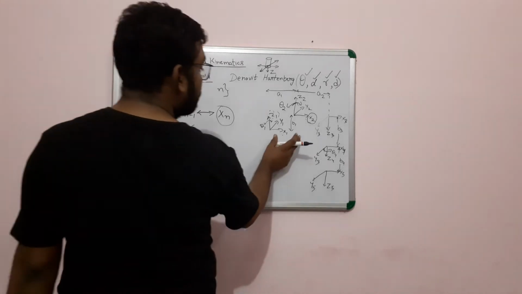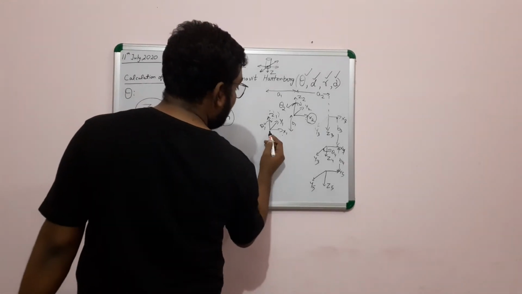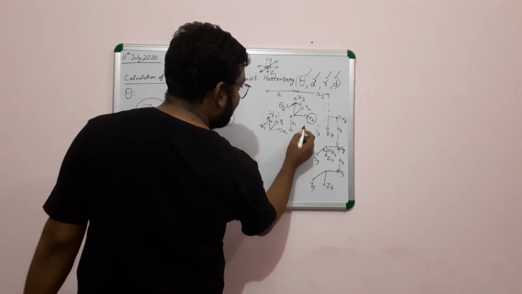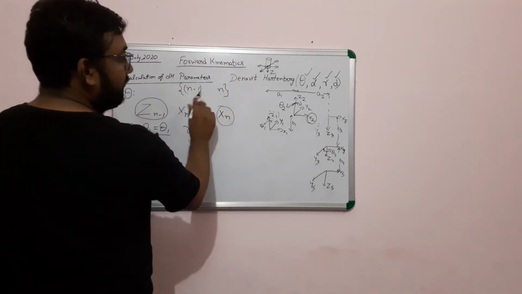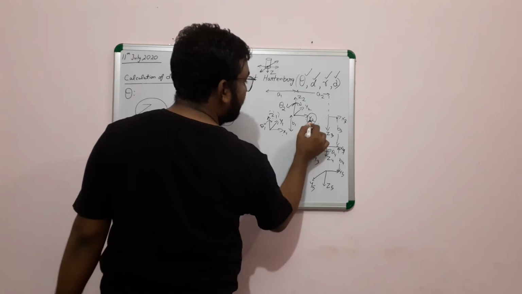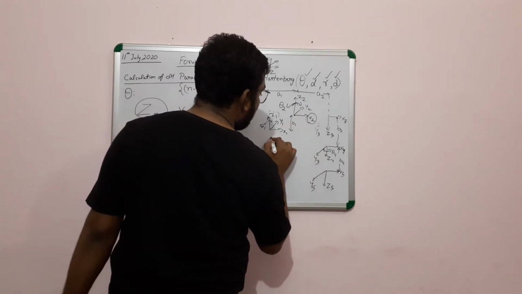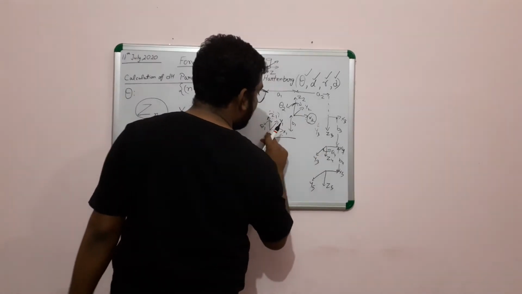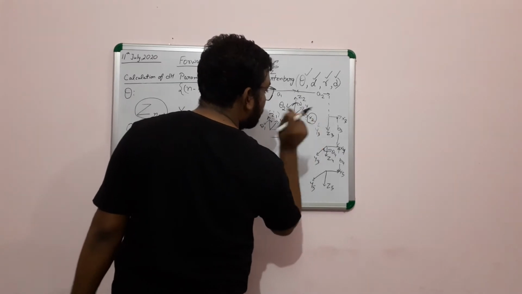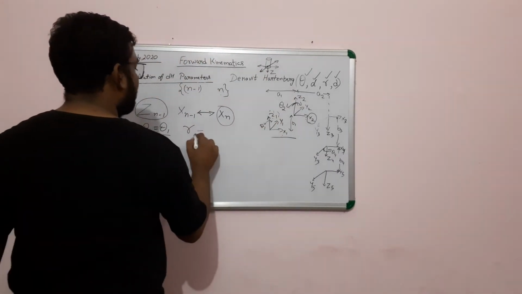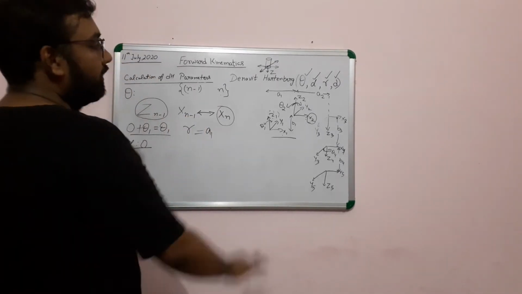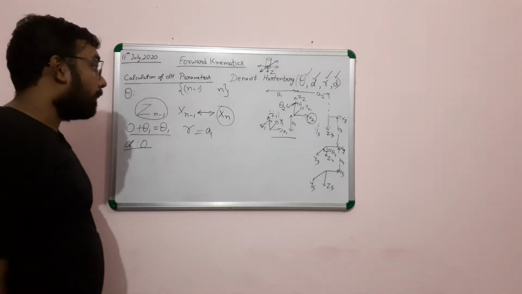For the first two frames, in x1 and x2, xn will be x2. So the distance between the centers of frame 1 and frame 2 in the direction of x2. So this is what? A1. Got it? So this can be written as A1 in the first case.